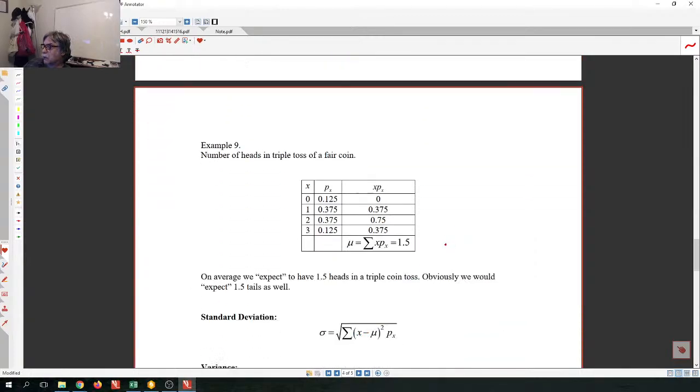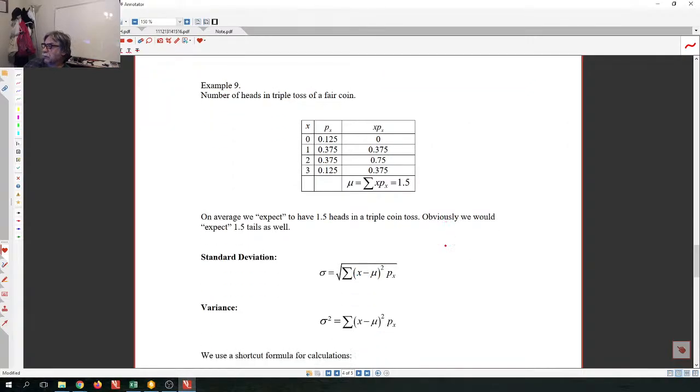So you remember this from the first half of the lecture, the triple toss of a fair coin, and the variable was the count of the heads. You can have 0 heads, and the chance of that is 1 out of 8, or 12.5%. The probability mass is 12.5%.